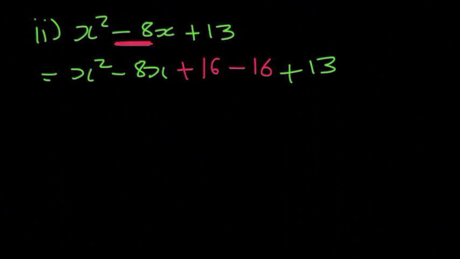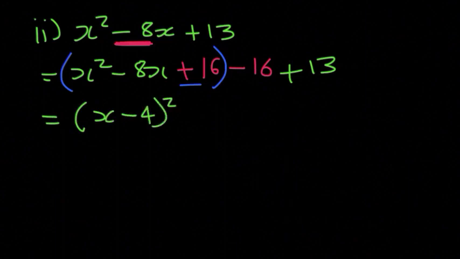Because we added this 16 to the expression, this part of the expression is a perfect square. In fact, I know that when I factorize it, it will be x minus 4 all squared. I know that. That's the whole purpose of perfect squares and why they're so important throughout all of mathematics.